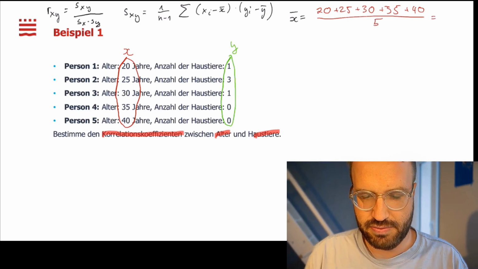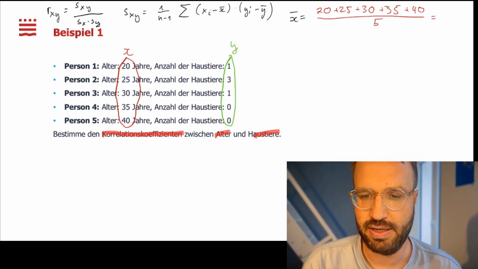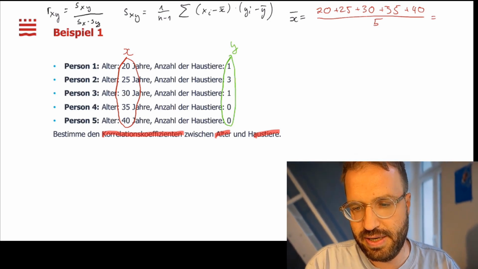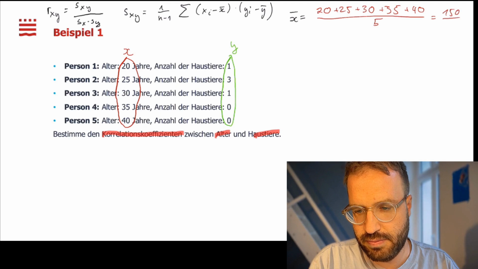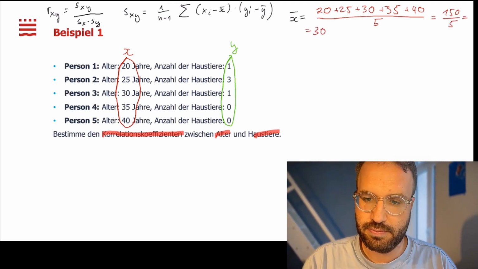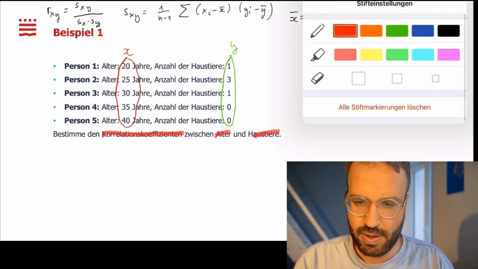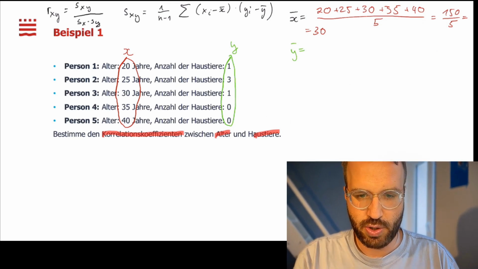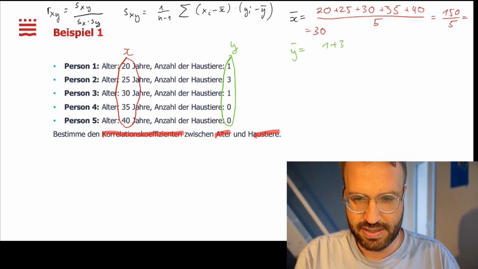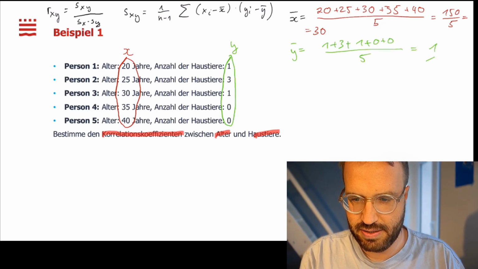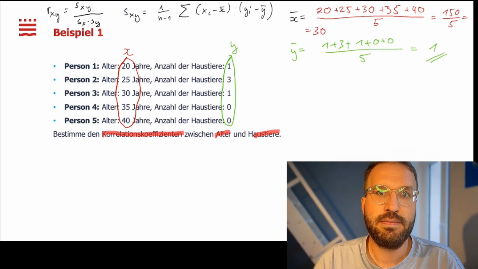And so that is 150 divided by 5, and that is therefore 30. And now we determine Y bar, which is 1, 3, 1, 0, 0 divided by 5. And that is 5 divided by 5.